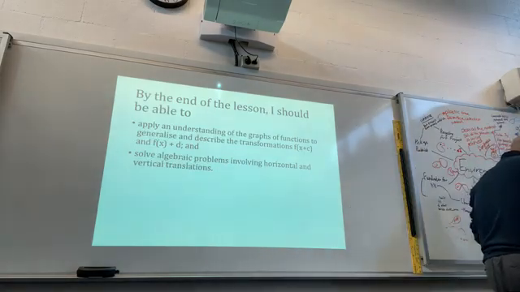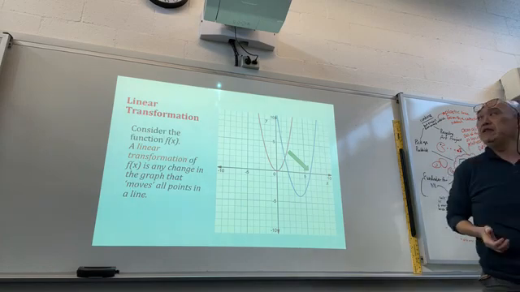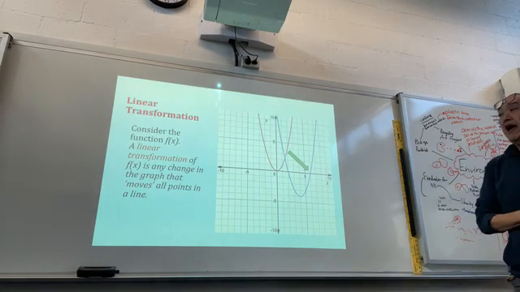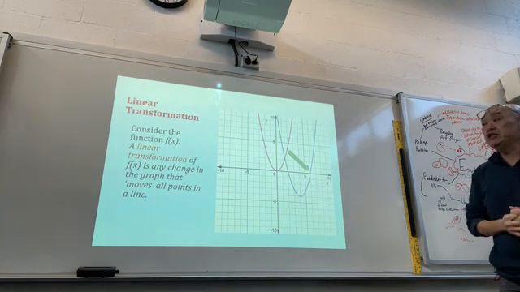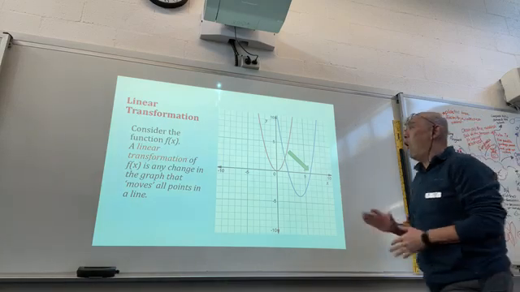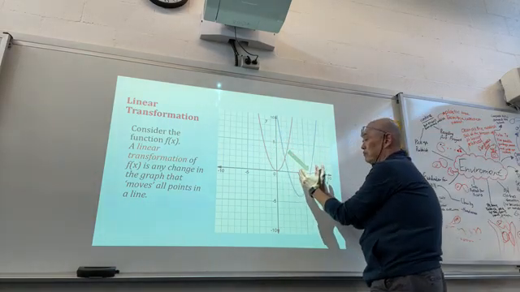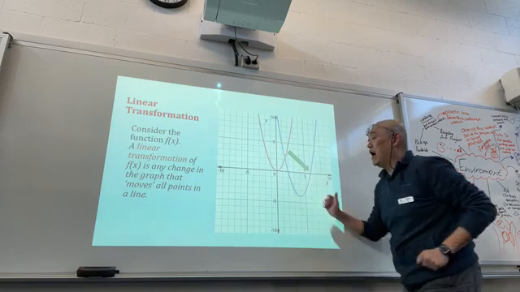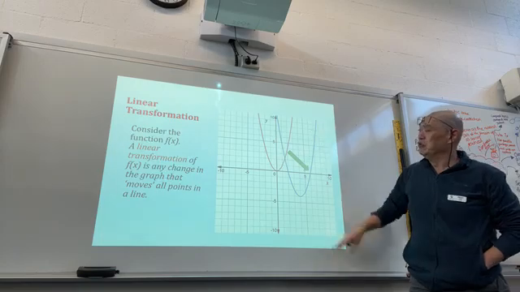Okay. Now, first one, linear transformation. If you think about the function f(x), a linear transformation of f(x) is any change in the graph that moves all points of a line. So the whole parabola, the red parabola, the whole thing will be transformed to the blue parabola.